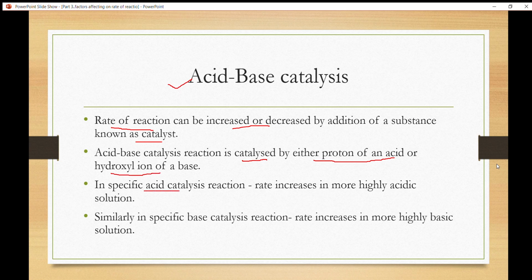In specific acid catalysis, the rate of reaction increases in a highly acidic solution. Conversely, in specific base catalysis, the rate of reaction increases in a highly basic solution.